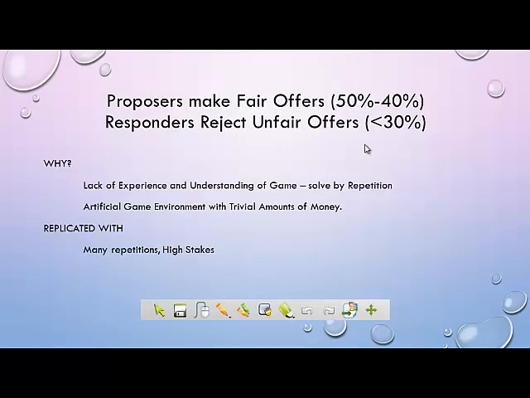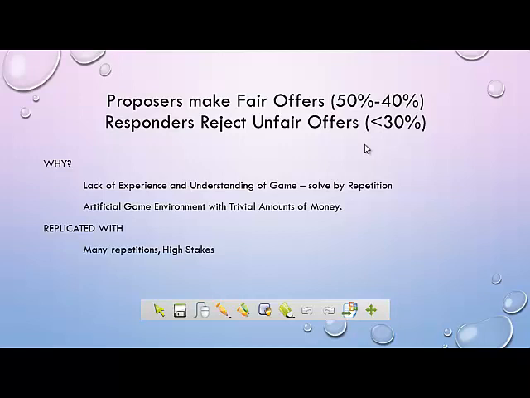Normally what happens is that if you get an unfair offer, about half of the time people reject it in reality. Unfair is anything less than 30%. So if you have an offer of 20% or 10%, people generally reject these offers.